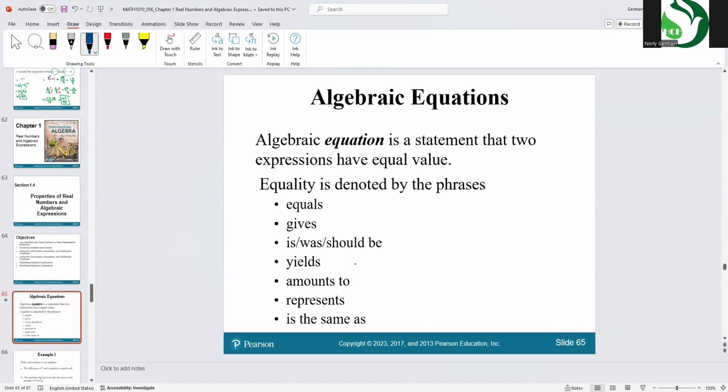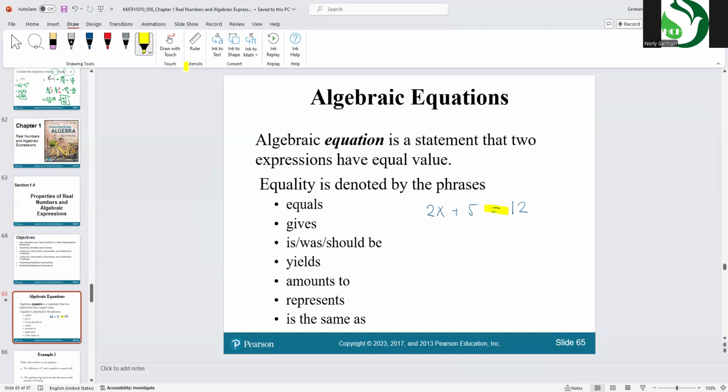If you have an equal sign, or it says gives, is, means equal, yields, amounts to, represent, it is the same. So they are all algebraic equations. If we have 2x plus 5 equals 12, for example, because we have that equal sign in the middle, that means it's an equation.